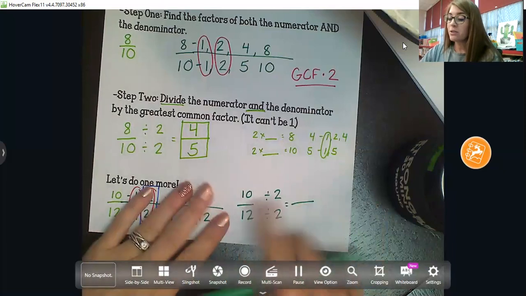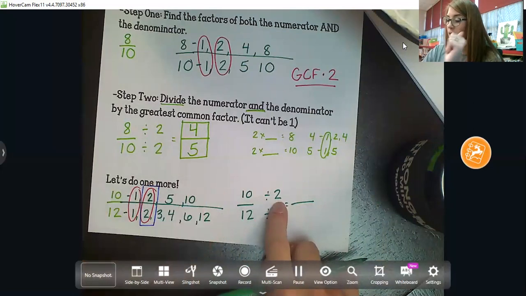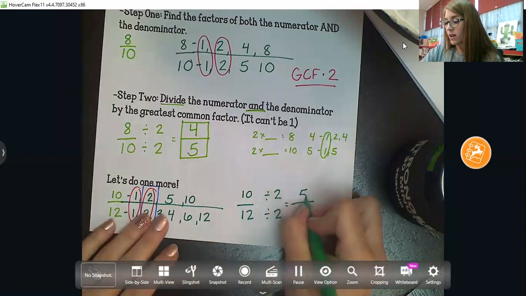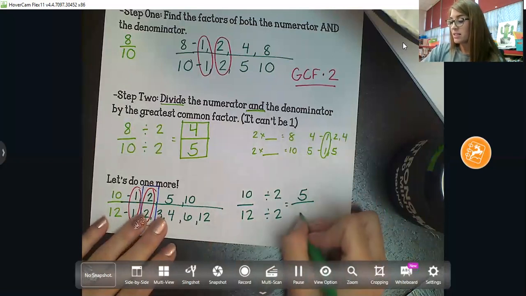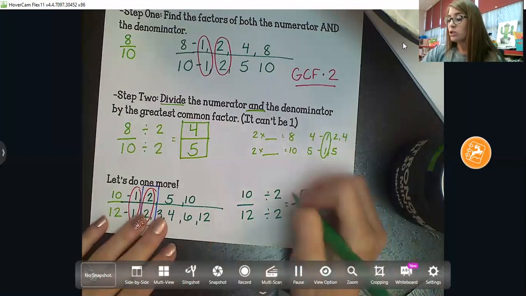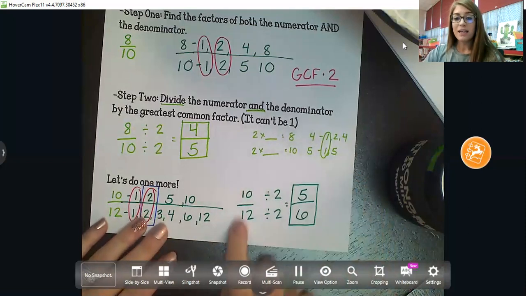All right, so 10 divided by 2 is 5. Very good. What about 12 divided by 2? Very good. 6 is correct. So the simplest form of 10/12 is 5/6.